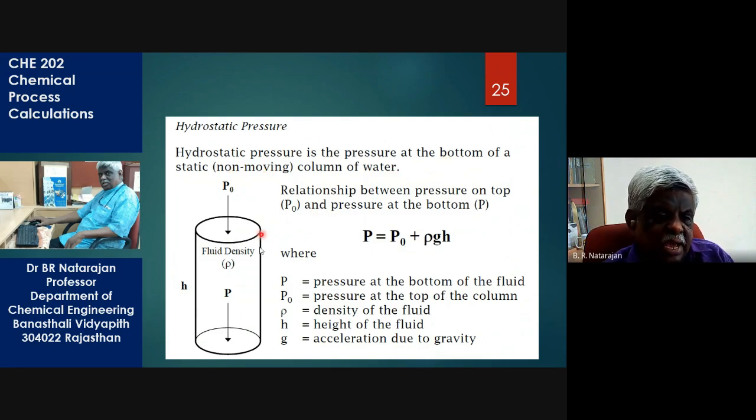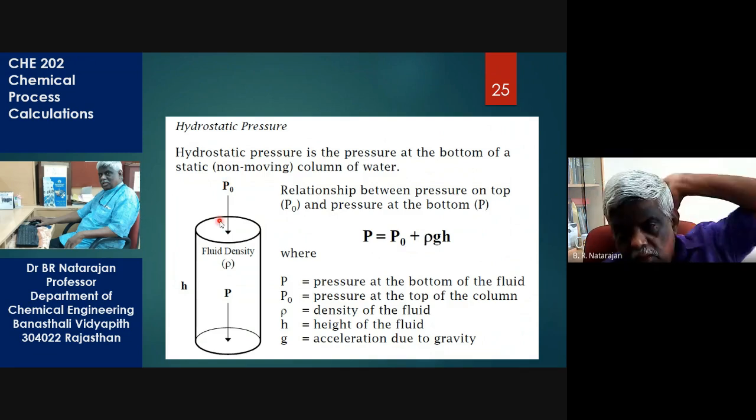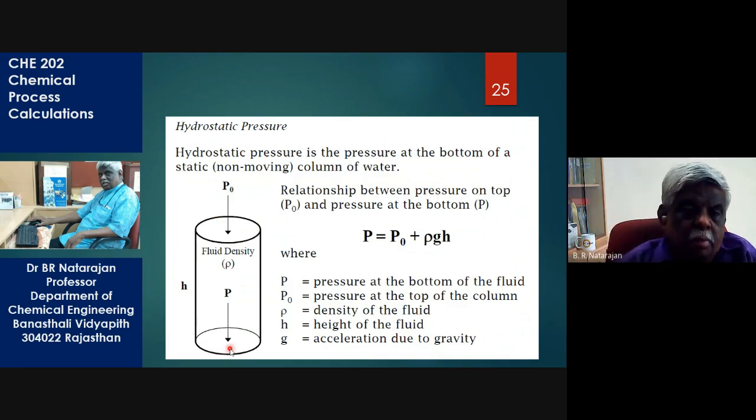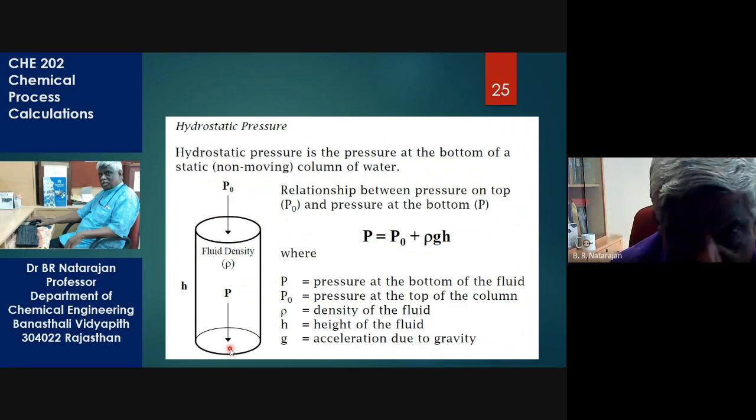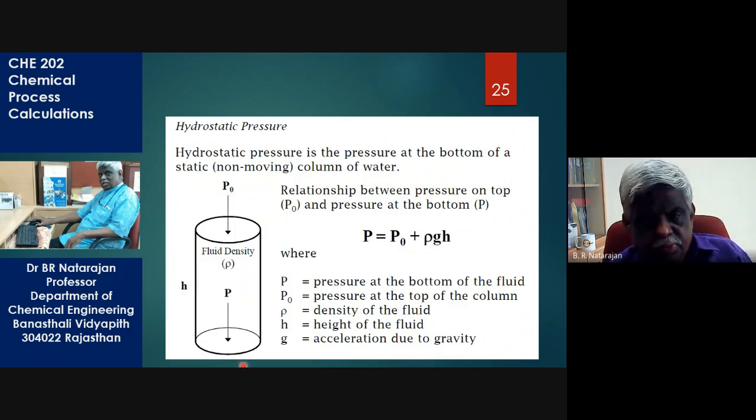Assume a tank filled with water, and the pressure at the top is the same as atmospheric pressure. The pressure at the bottom will also depend upon the amount of liquid standing from bottom to top. So the relation is P is equal to P0 plus rho g h.